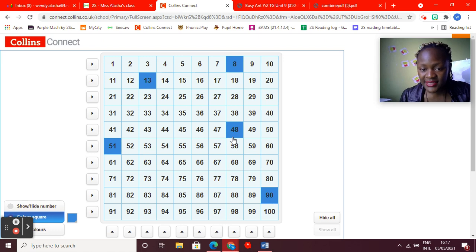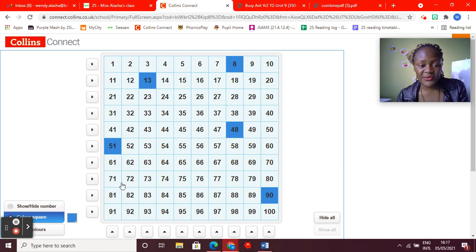Which numbers are less than 48? Show me a number that is less than 48. Well, I know you're thinking, Miss Lasha, all these numbers from 47 all the way to 1 are less than 48, and you're right. So what if I asked, show me a number that is 3 steps less than 48? Let's look. 1, 2, 3.